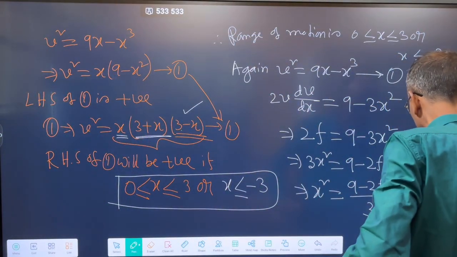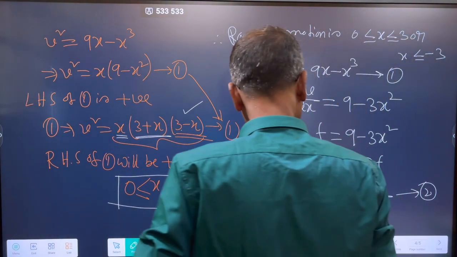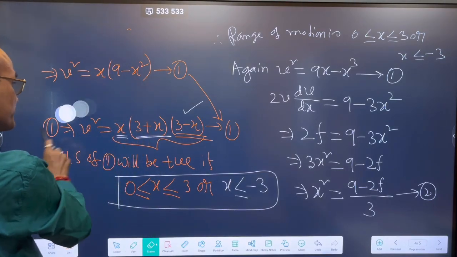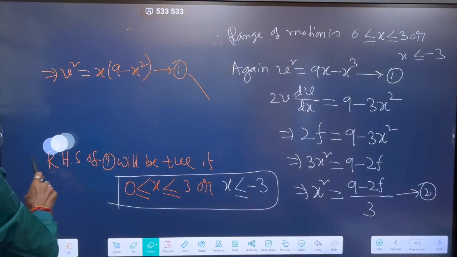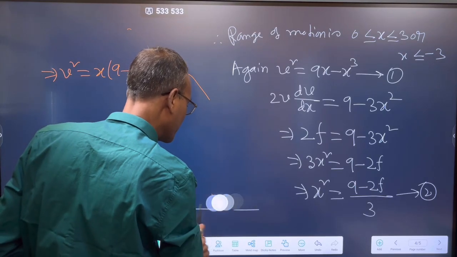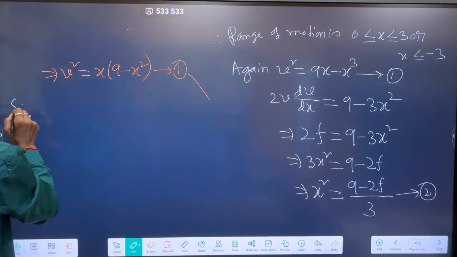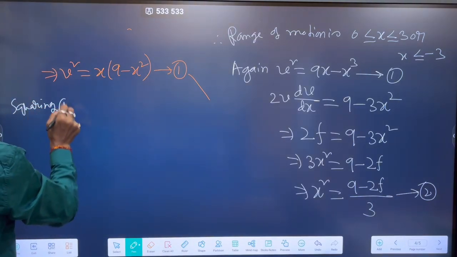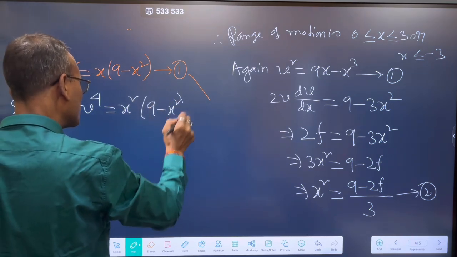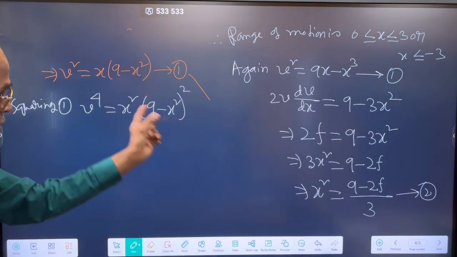Now look at equation 2. Now squaring 1, we get v to the power 4 equals x square into 9 minus x square whole square. Now put the value of x square from this.